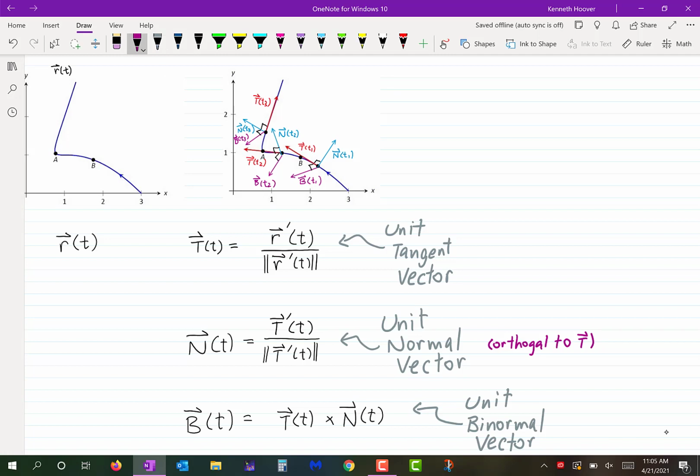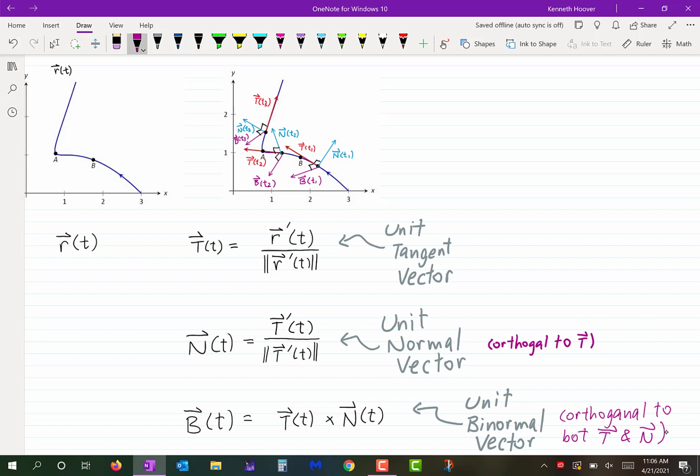And that is orthogonal to both the unit tangent vector and the unit normal vector.